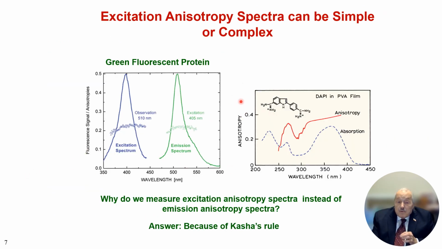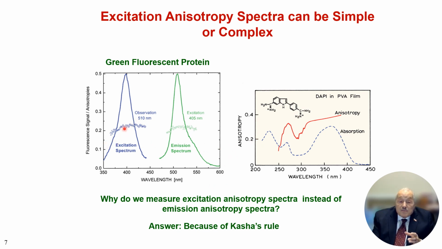So now that we know what anisotropy looks like, we ask ourselves the question, what does the anisotropy spectrum look like? What we mean by the anisotropy spectrum is something you would normally measure in a frozen glass solution of some propylene glycol or ethylene glycol, because you have to stop the molecule from moving and you have to put it in a solvent that it dissolves in.